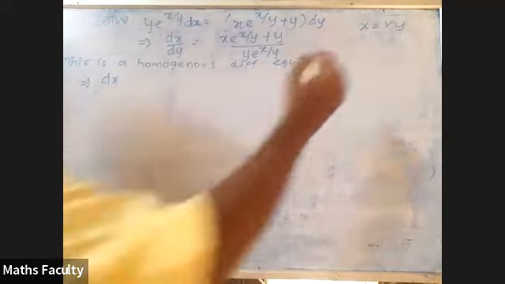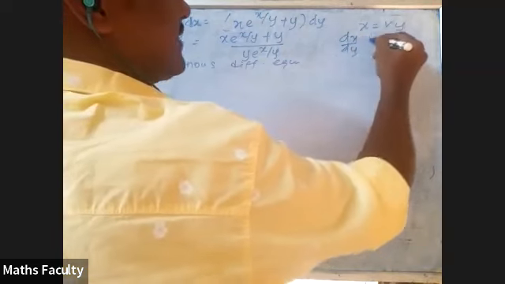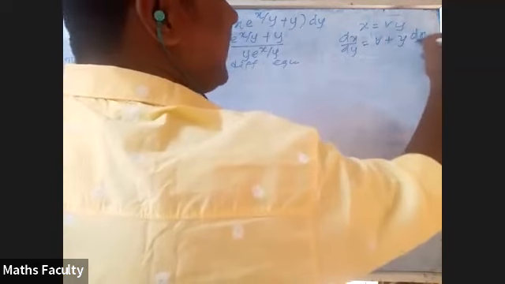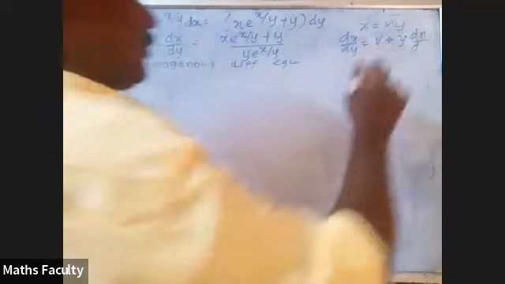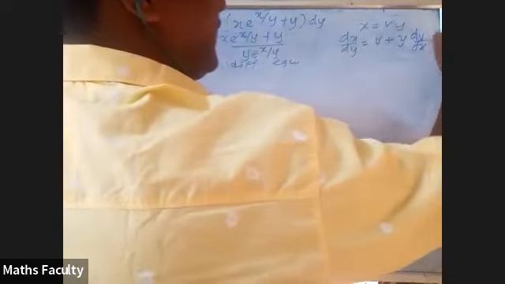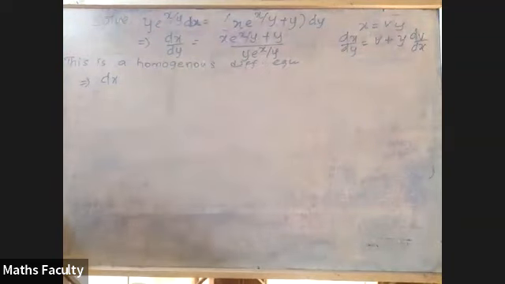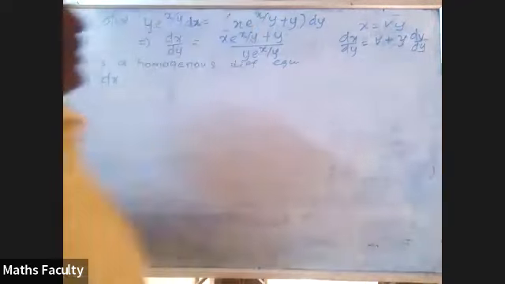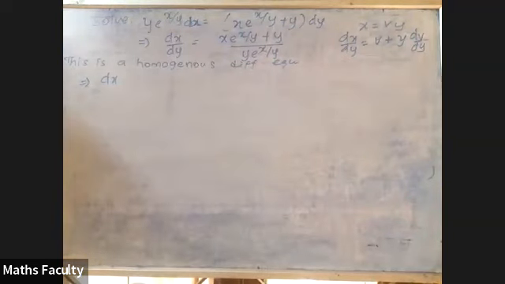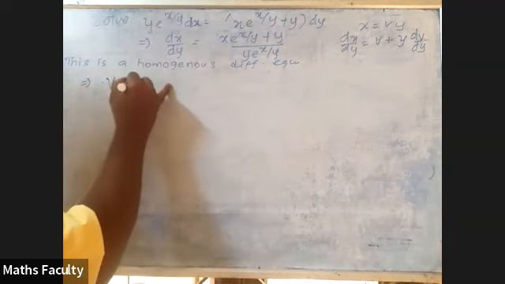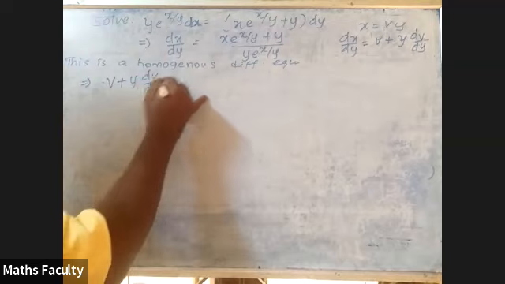So dx by dy, we can write this as v plus y into dv by dy. Differentiate v, we'll get dv by dy. Since we are doing it with y, x is equals to vy, so v plus y into dv by dy.